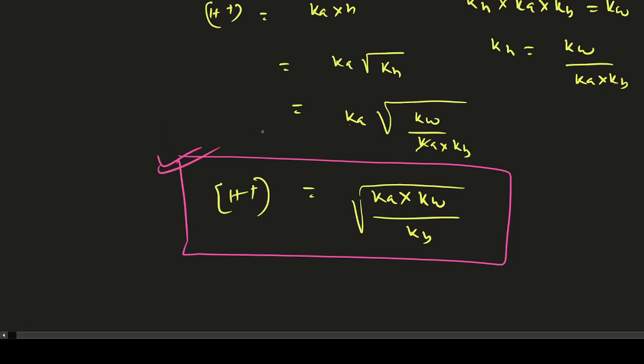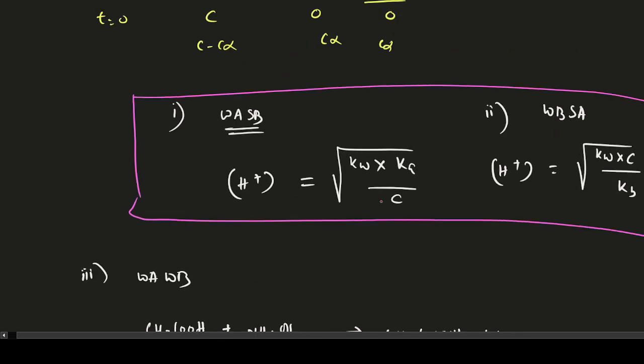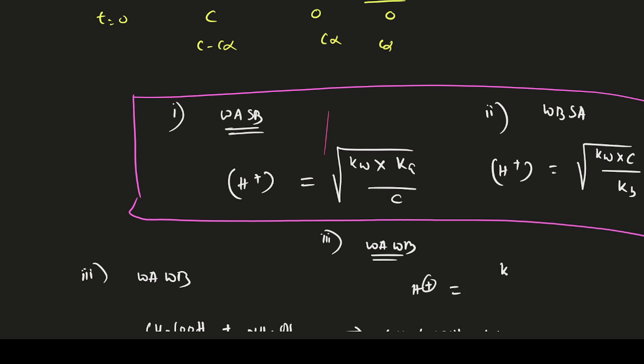So we get three cases. The third case is if both are weak acid and weak base, then H plus concentration is equal to root over of Kw into Ka by Kb.